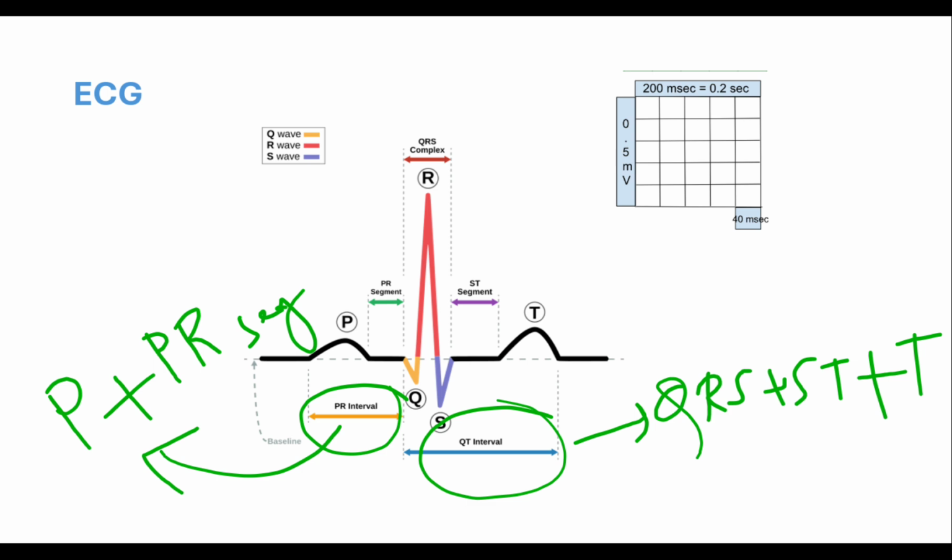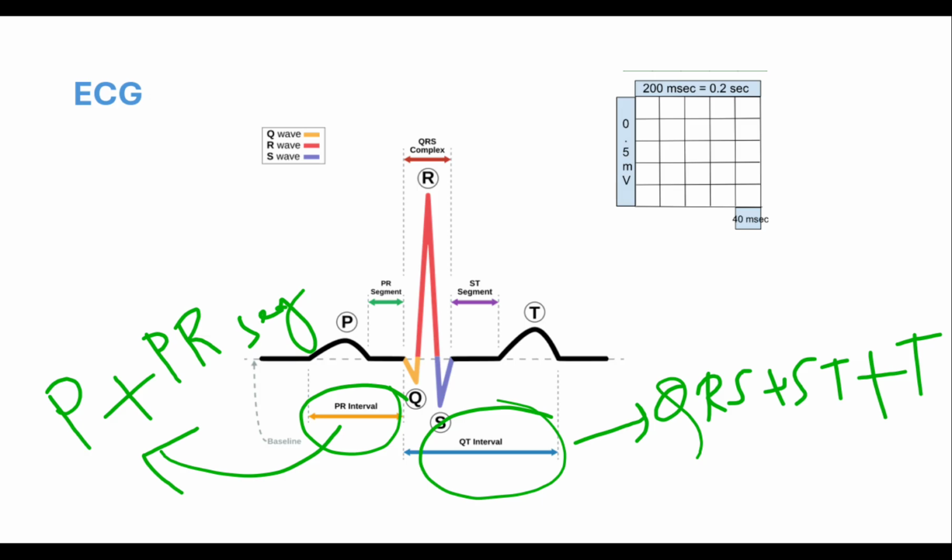Okay, there is a whole list of drugs which can predispose to this. So if you are prescribing a drug to a patient whose QT is already prolonged, you have to be very careful because it can predispose to torsades de pointes. It's a fatal ventricular arrhythmia. It's a type of VT, a polymorphic VT, and the patient can go into cardiac arrest as well.